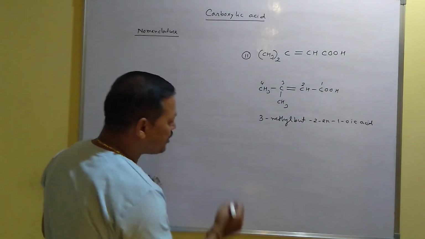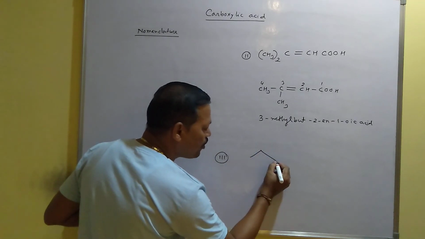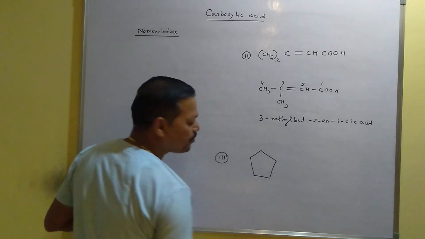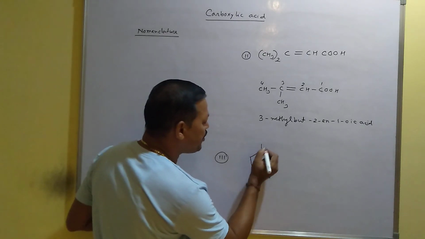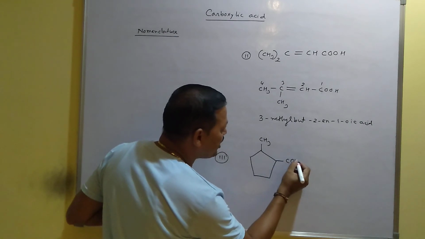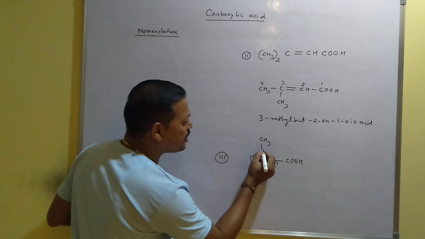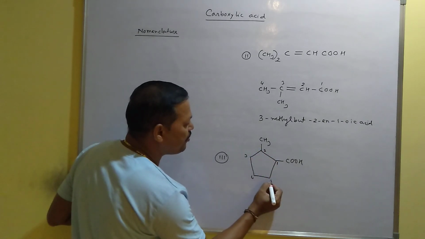Another compound, number 3, a ring is given, a 5-membered ring. One CH3 is present here and one COOH is present here. So this must be number 1 carbon, this is number 2, number 3, number 4, number 5.